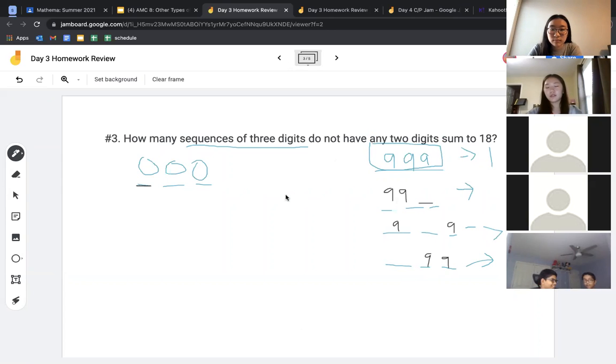So there's actually only 9 options for each of these digits. Once we add all of this, 9 times 3 is 27, plus 1 is 28. And we know that when there's 3 digits, there's 10 possibilities for each digit. So 10 times 10 times 10 is 1,000.